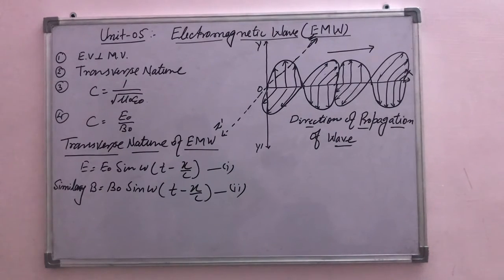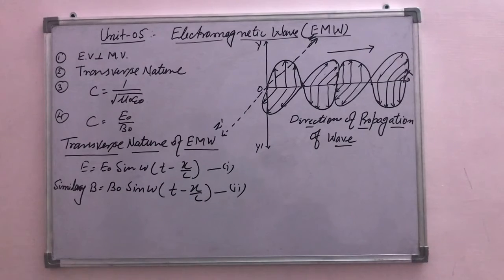The propagation of the electromagnetic wave is in the direction of vector E cross vector B, and we can show the equations of the electric field and magnetic field written on the blackboard: E equal to E naught sine omega t minus x upon c, equation number 1, and similarly B equal to B naught sine omega t minus x upon c, equation number 2. So these are the equations of the fields produced when the wave is propagated along the x-axis.